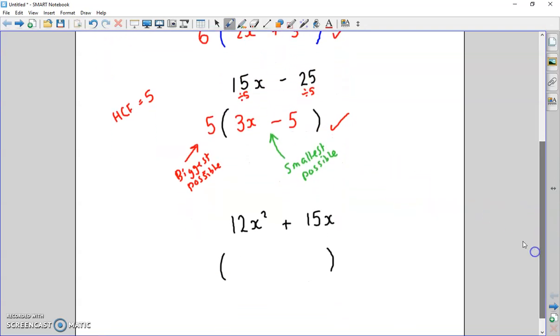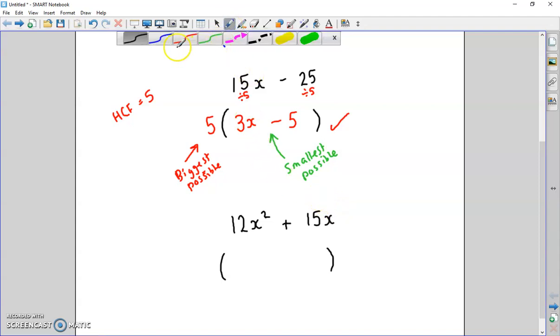If you look at this question, the first term has got x's in, let's tidy that up a little bit. The second term has got x's in as well. If they've both got x's in them, we will need to divide by x as well. So divide by a number and possibly a letter as well this time.